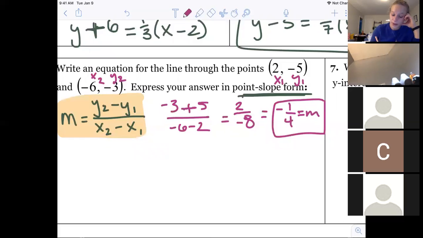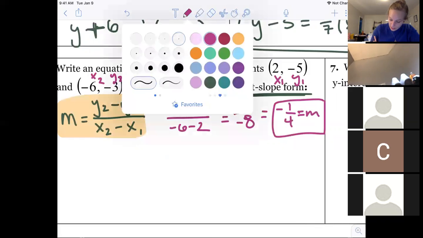Now it says to write it in point slope form. I can use my m, and I can use either point. You can either use your first point or your second point. It doesn't matter. So you and maybe the person who sits next to you at school might have different answers, but if you use the 2 points accordingly, then you are fine. Who wants to set this one up for me?